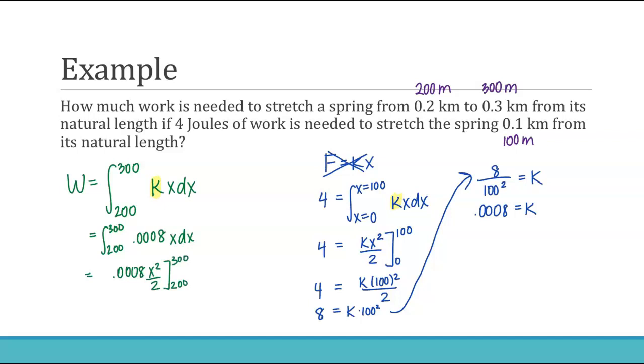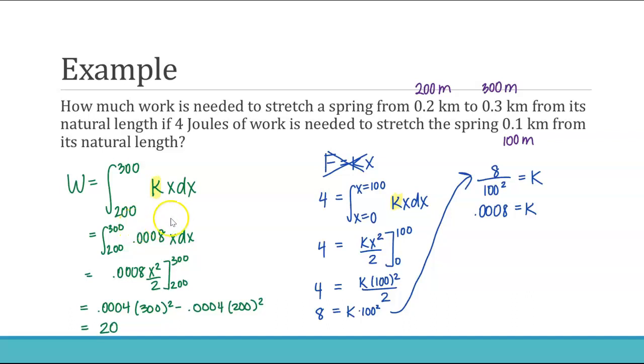We're going to plug in the 300 first, and since we're dividing by 2 here, that's 0.0004 x squared, so 0.0004 times 300 squared minus 0.0004 times 200 squared. And I will just tell you that value actually works out to be very nice. It is 20.